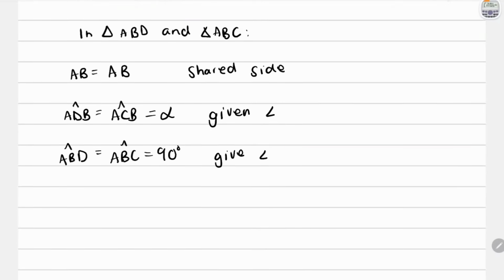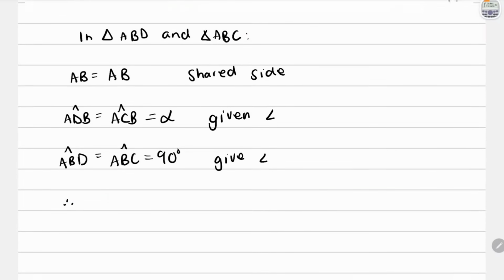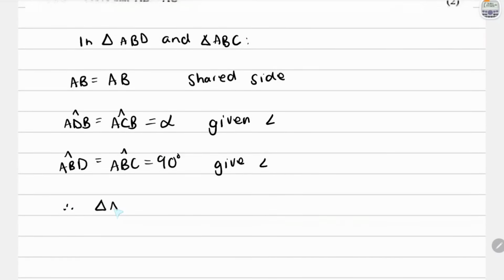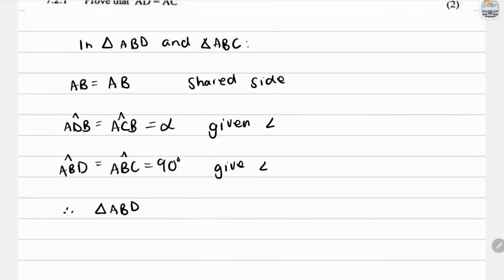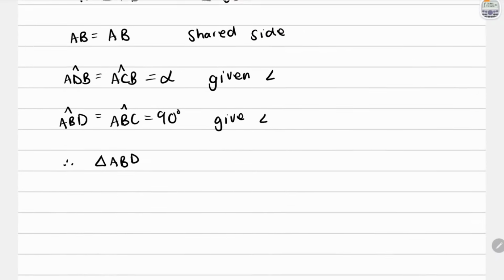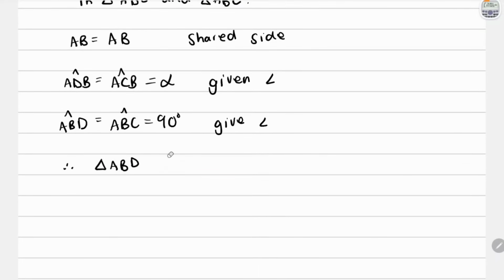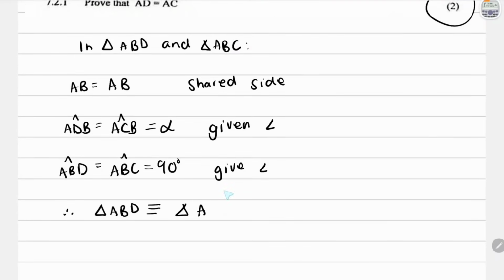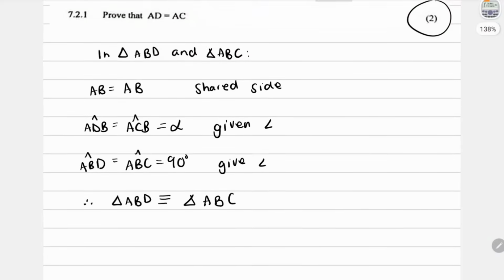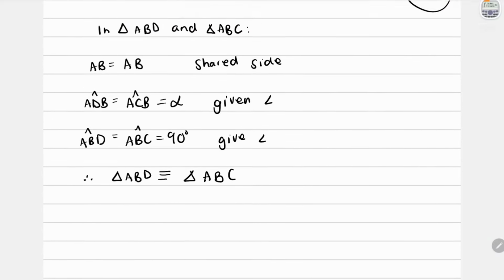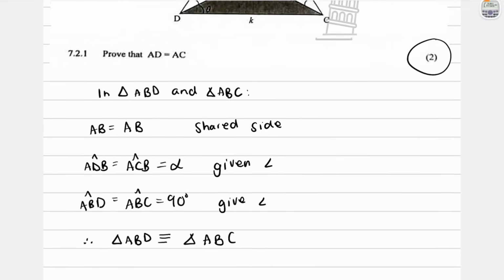So given angle. So that would mean that these two triangles are congruent. So triangle ABD is, I feel like I didn't need to do this, it's 2 marks. I feel like I was just supposed to tell them they're congruent. So I'm wasting a lot of time here. So congruent to triangle ABC. There's no proving stuff, but maybe they still give a mark for it. I guess so, because they did say prove.